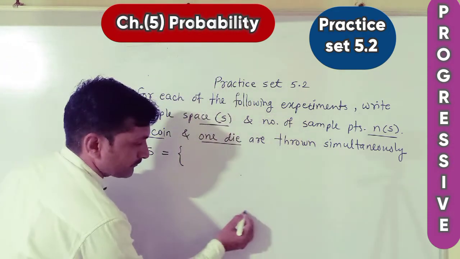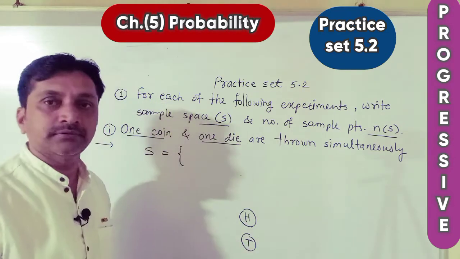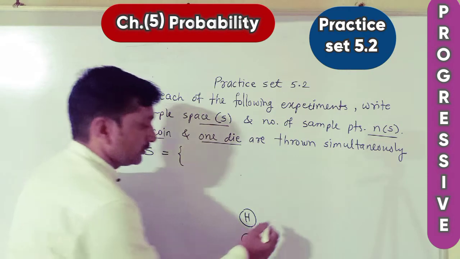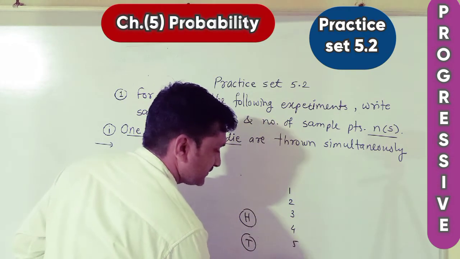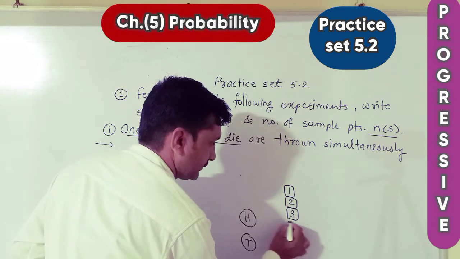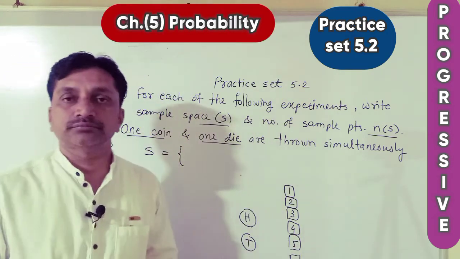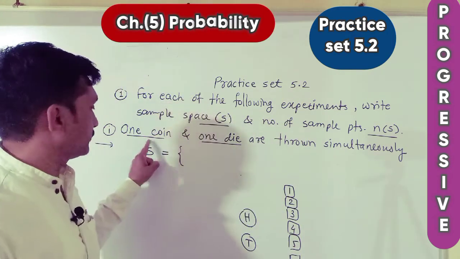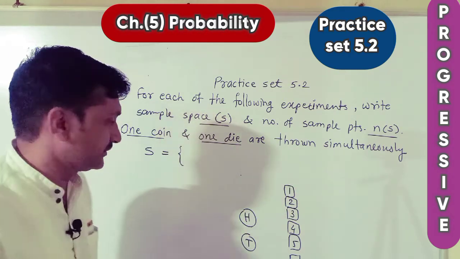Here I explain: one coin means head or tail, 2 possibilities. And a die has faces 1, 2, 3, 4, 5, 6. If both are together, one coin and one die thrown simultaneously, then what are the possibilities?